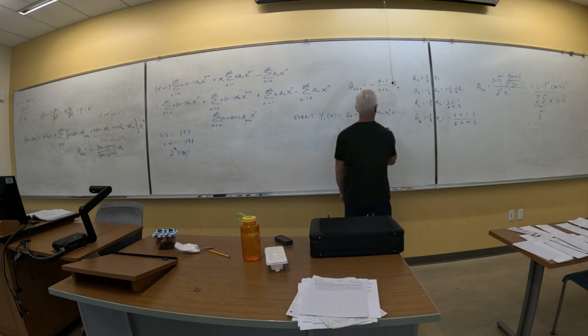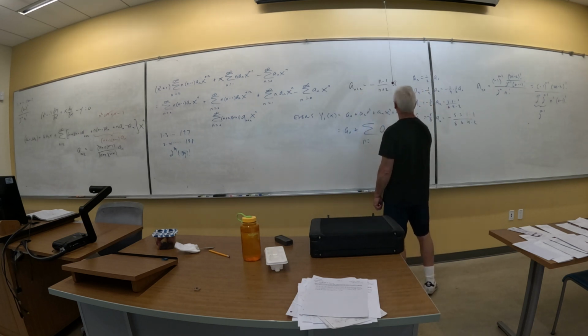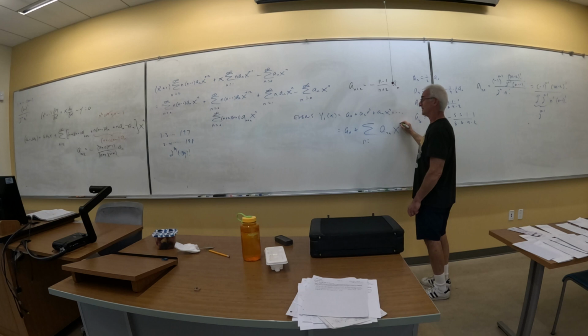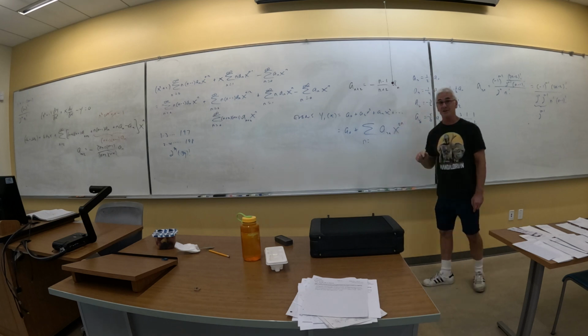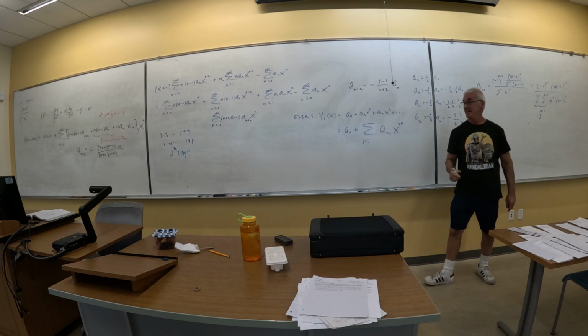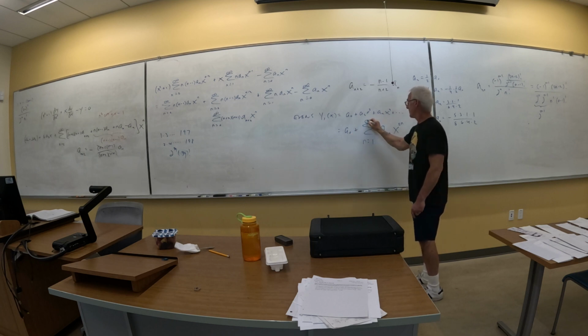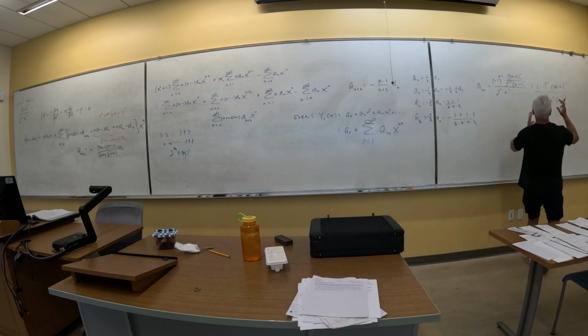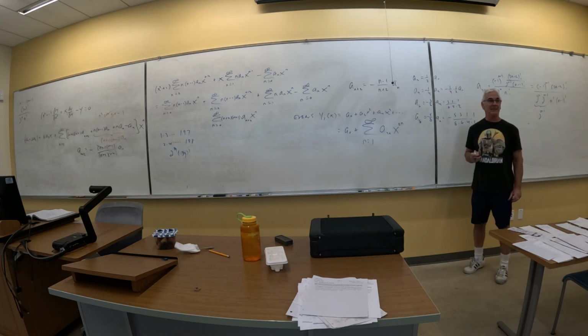I'm just going to write it like this: a2n x to the 2n, because only the even exponents. And where are we starting? 0? Maybe 1. Oh, 1, because I already have a0. By the way, that an is that. Yikes. That's the evens.